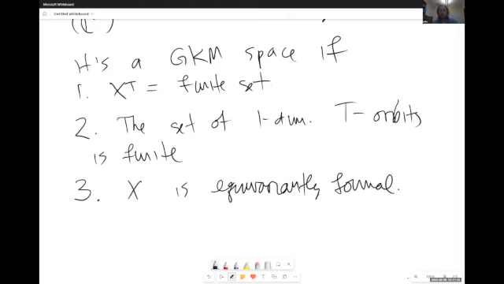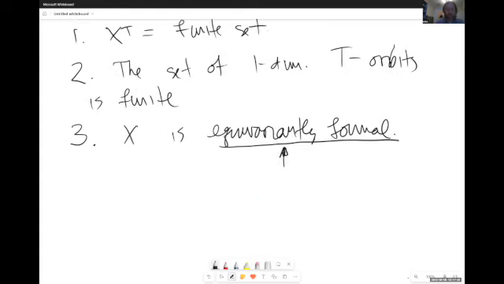So the top two are both geometric conditions. Three is more of a technical assumption. And what equivariantly formal means is that a certain spectral sequence degenerates. That's really the definition.